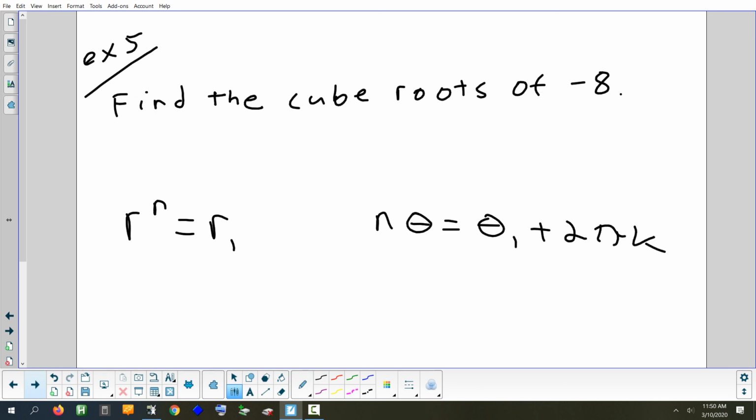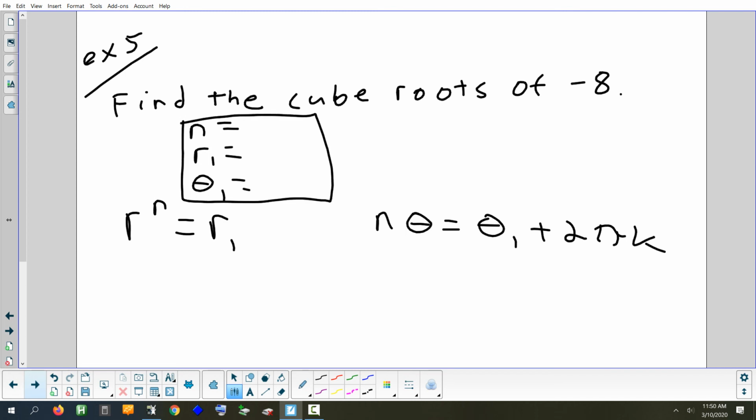And now we'll make a little chart off to the side for n, r1, and theta 1. What's n in this problem?